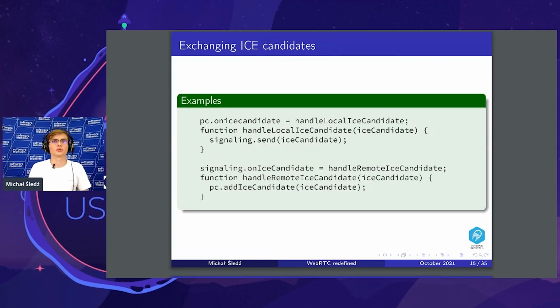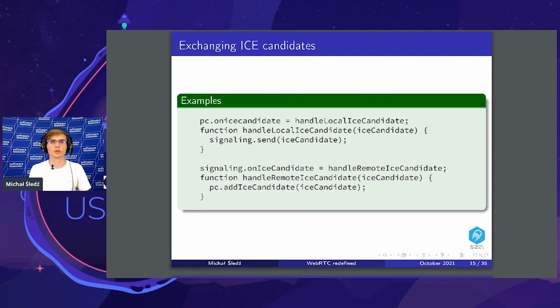And next, we have to take care of ICE candidates. So we basically set an on ICE candidate callback on peer connection, and whenever our peer connection emits some ICE candidate, our public IP address, we have to transport this public IP address to the other end. And to this end, we are calling signaling send with the ICE candidate.